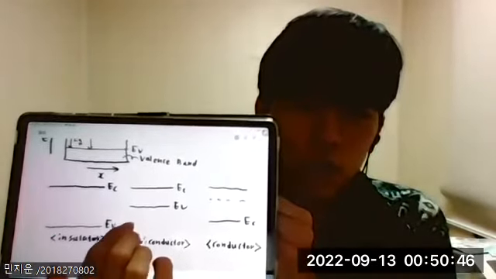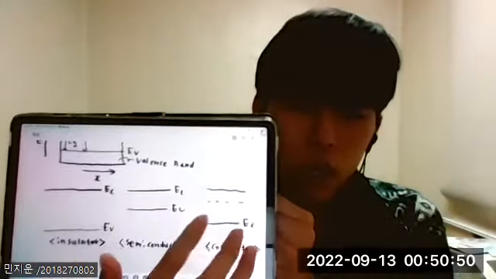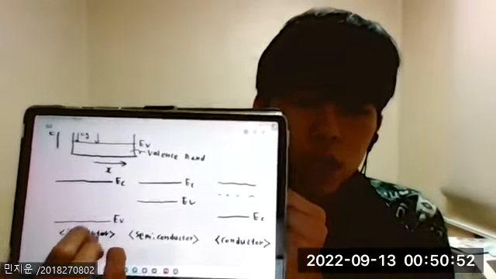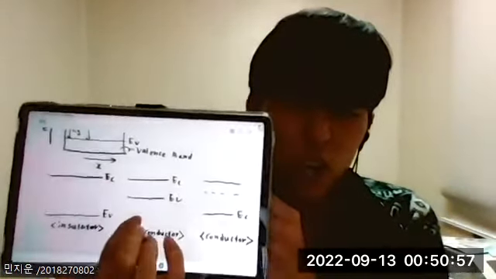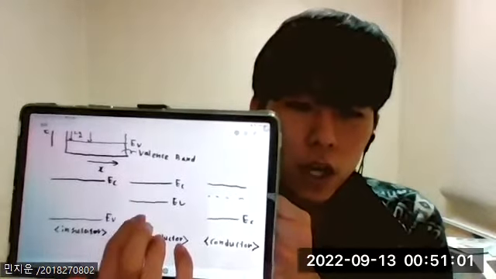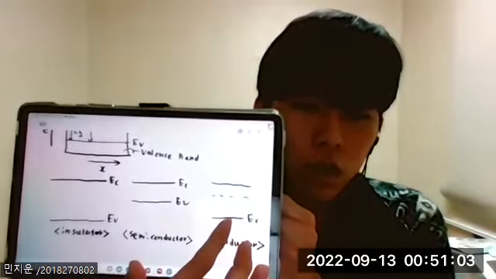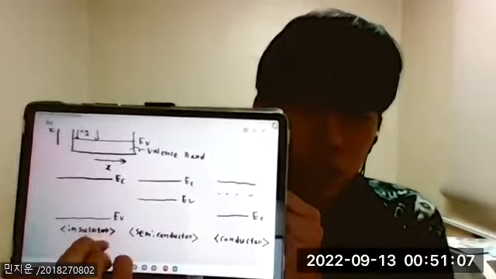This energy band gap is bigger than a conductor and smaller than an insulator. So when we apply energy to the semiconductor, this one acts as a conductor. On the other hand, otherwise it acts as an insulator.